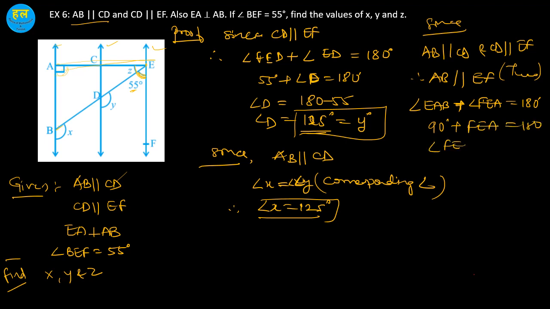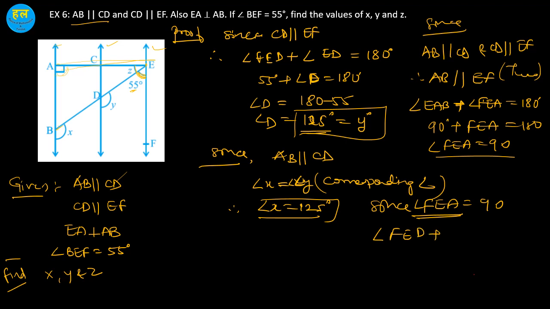So angle FEA is equal to 90 degrees. Since angle FEA is made up of angle FED plus angle DEC, which is equal to 90 degrees, we can write FED as 55 degrees plus Z is equal to 90 degrees. So Z is equal to 90 minus 55, that is 35 degrees.